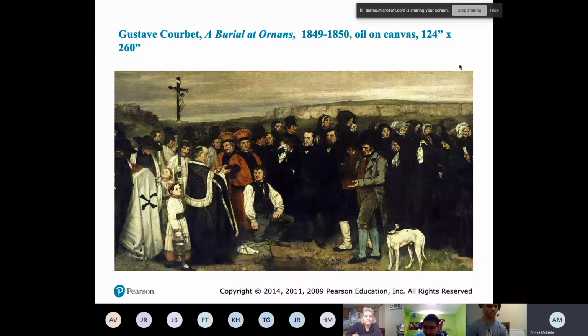Right here, we have an image of Gustave Courbet telling the story of his great uncle being buried. The fun thing about this is even if you didn't see the title saying Burial at Ornans, you could probably figure out that someone died and someone's being buried. That's because you see the priests and the religious images and figures over here.